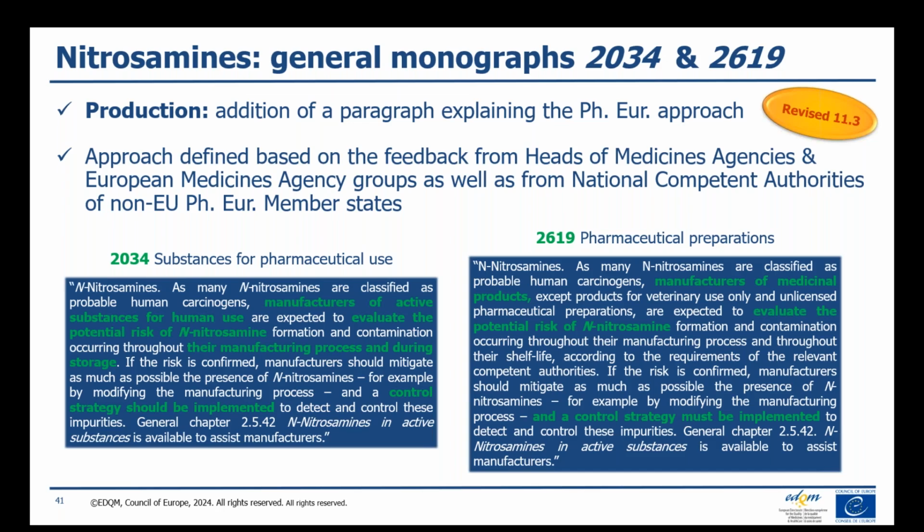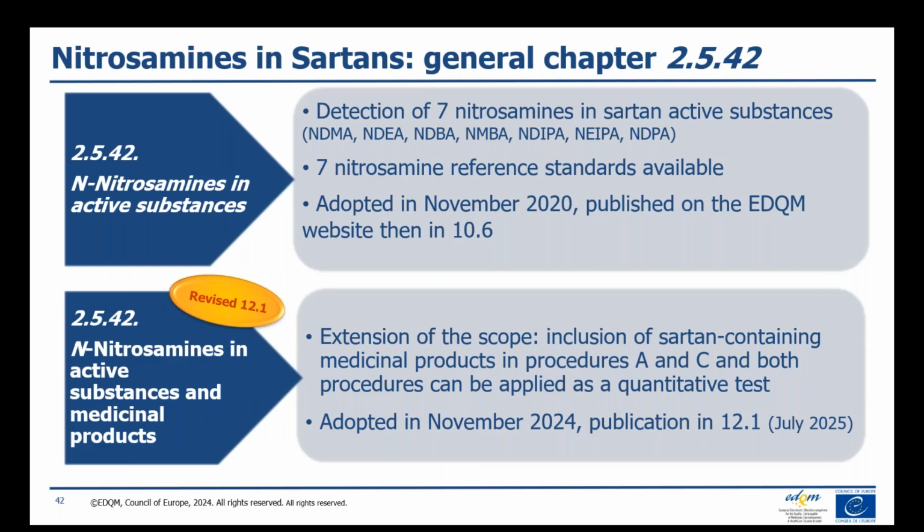This general text was elaborated already some years ago. First, this general text allows the detection of 7 nitrosamines in the sartan active substances. At the same time, there were also 7 reference standards which became available.